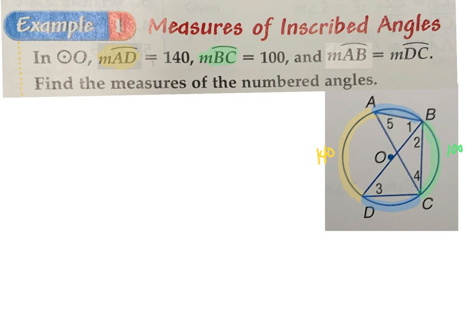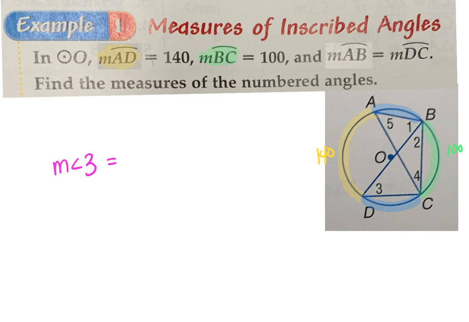So for BC, the angle that makes it up is actually this one right here. Does everybody see that? So 3 makes up BC. Everybody agree? All right, so we're going to say then that the measure of angle 3 should be half of what it makes up.